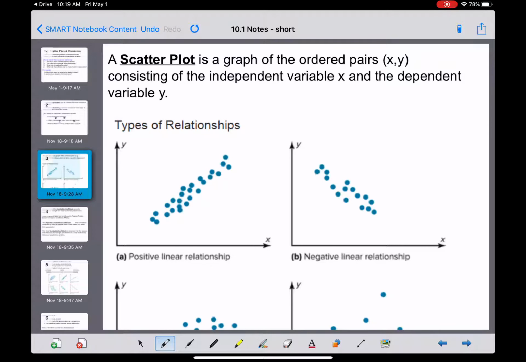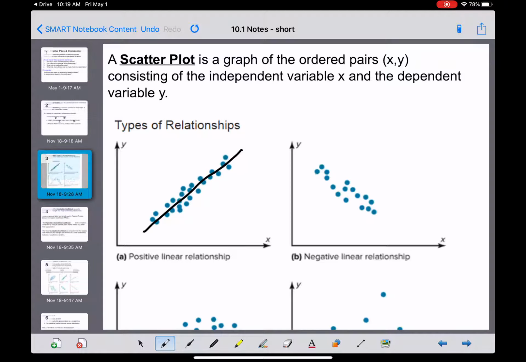Okay, so I thought I made this smaller, but I guess I didn't. A scatter plot is a graph for ordered pairs, so we're not going to actually make scatter plots, but we just plot the X and the Y, we've done this before. This would be a positive linear relationship here.